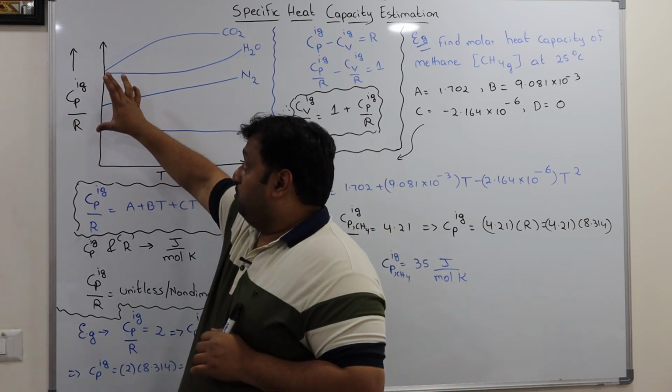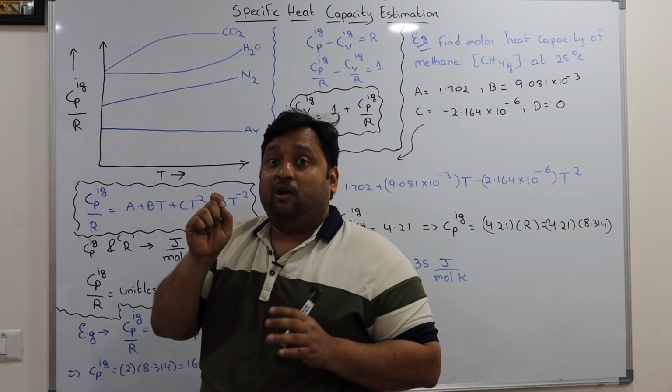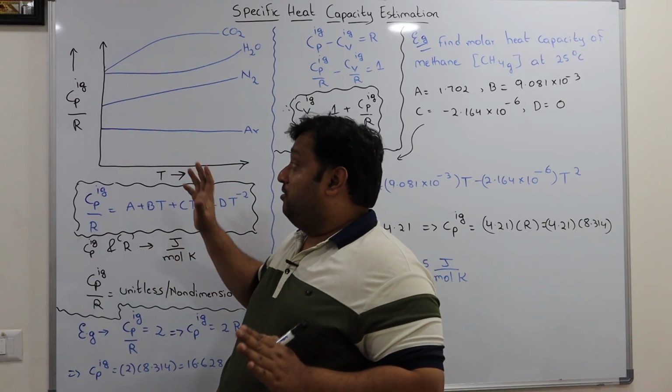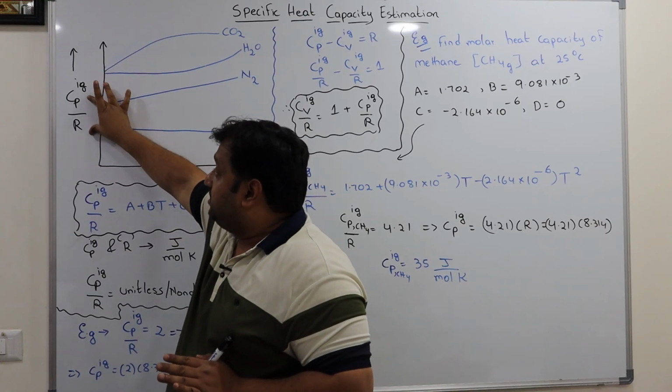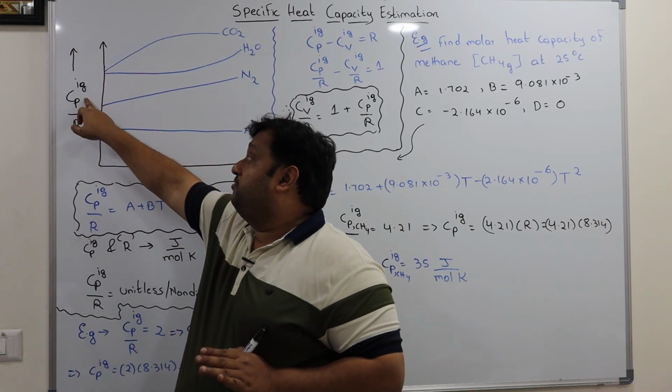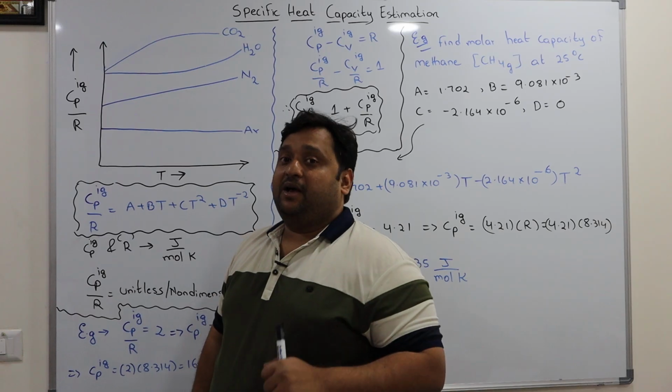I told you that you will not always get the lone value of CPIG; you get the value of CPIG by R. From this CPIG by R, you need to find out the heat capacity.